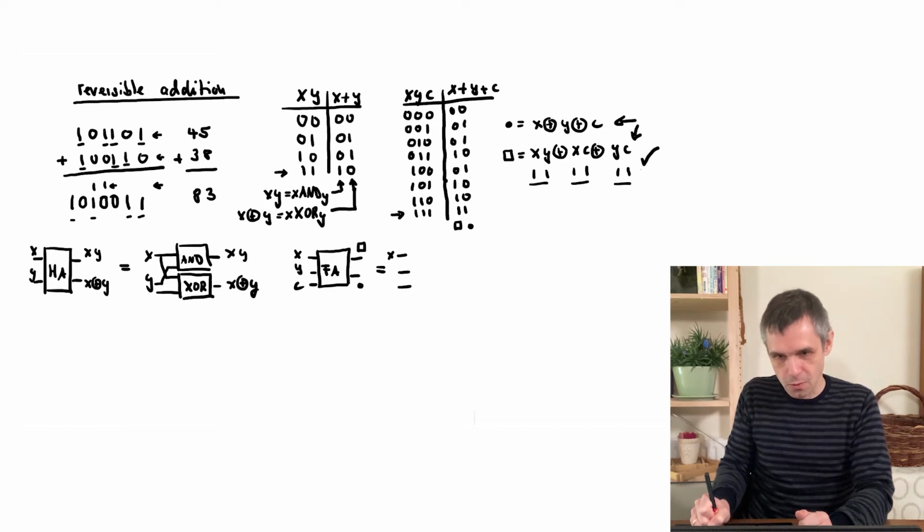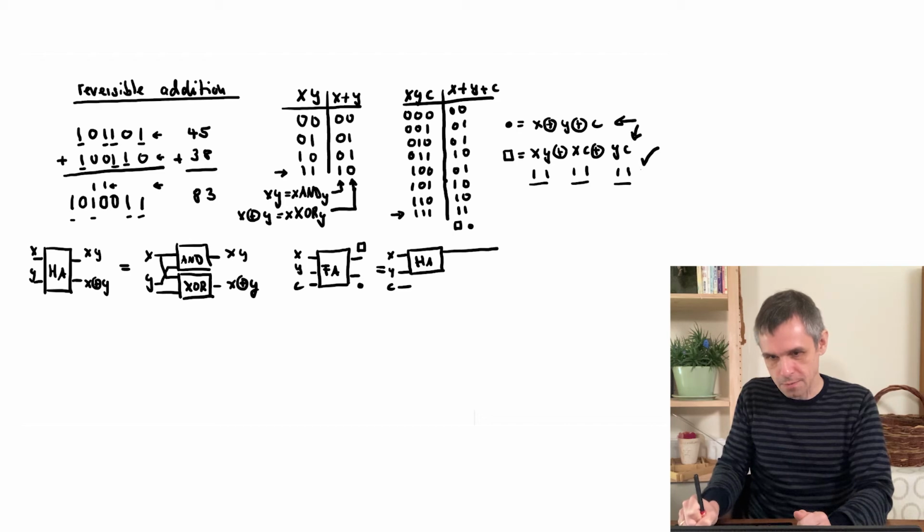So there we are first going to feed x and y into one of these half adders, which means at this stage here we have x times y and x plus y modulo 2. And then we feed this result, the lower entry, into a half adder with c.